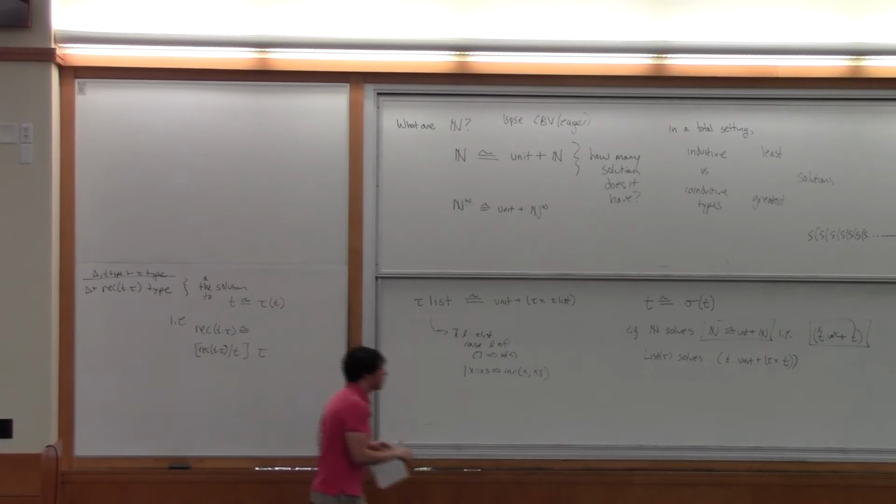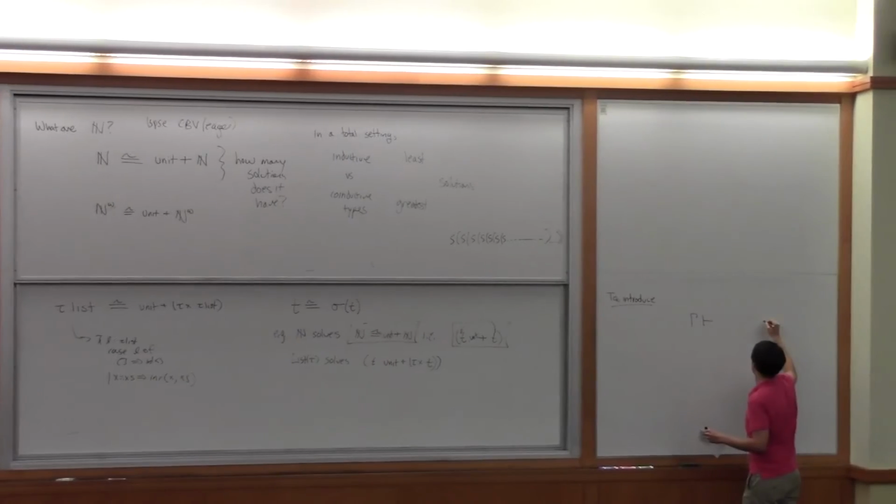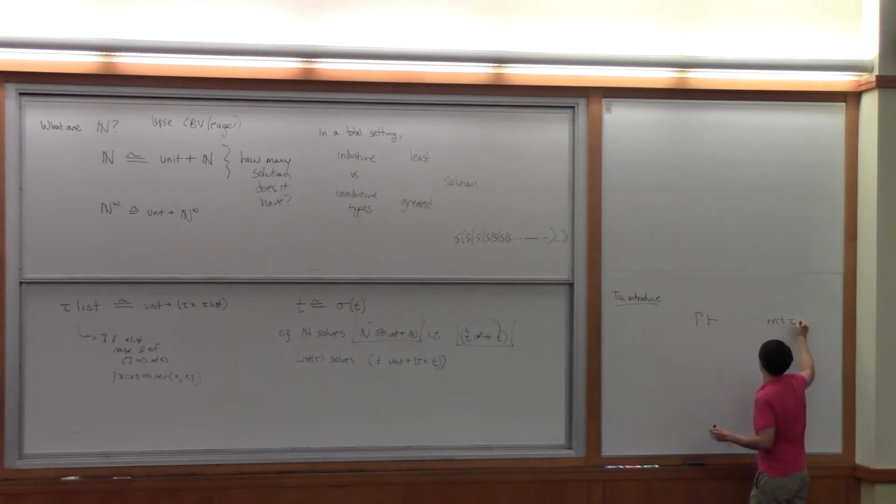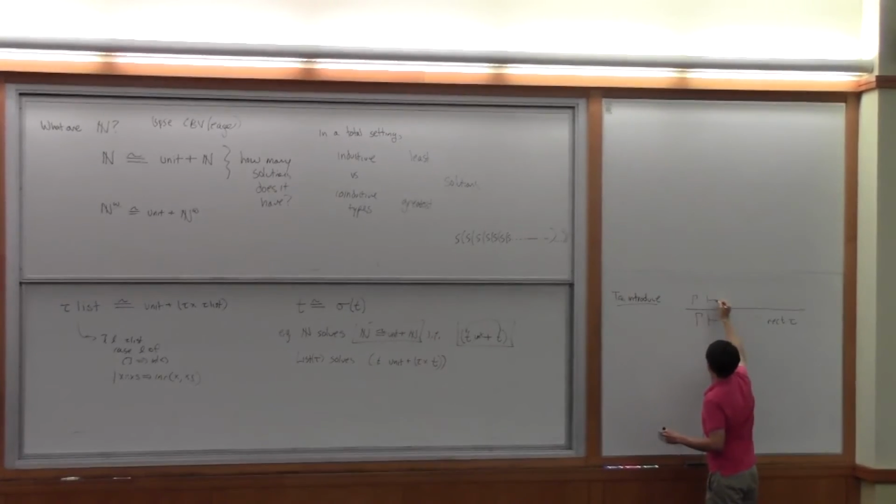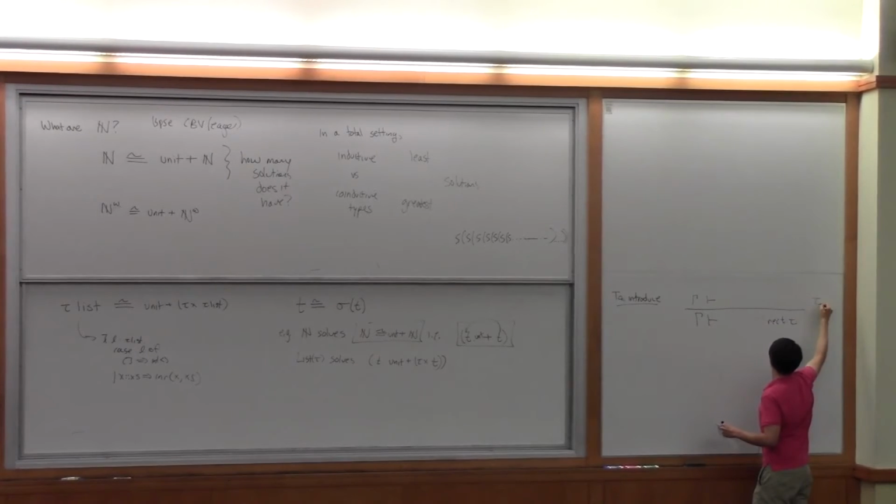So what we'll have, let me do them over here, is, to introduce this type, how do I create an element of rec t dot tau? What I do is I create an element of tau with rec t dot tau plugged in for t.